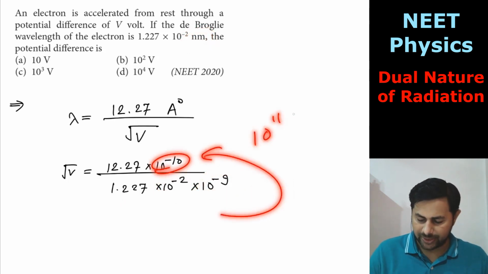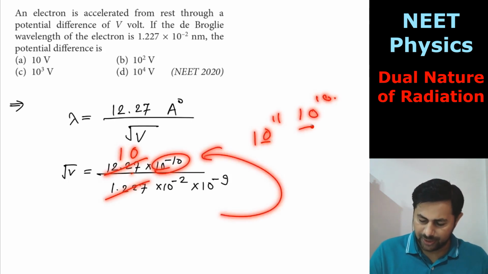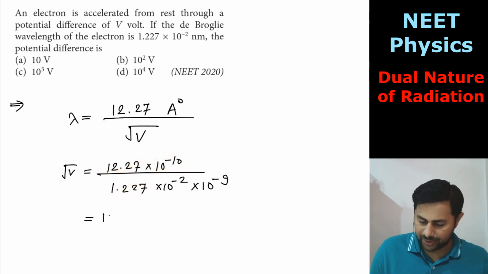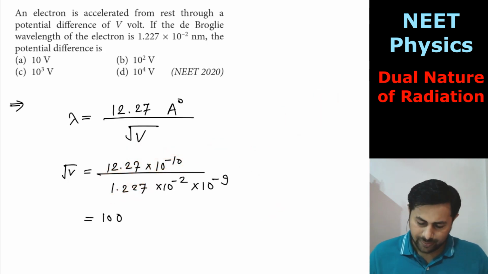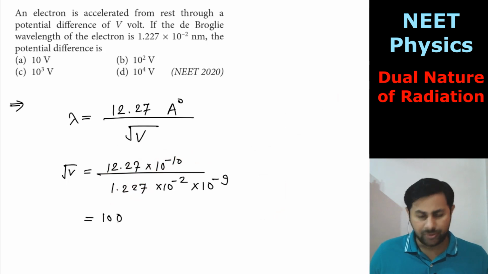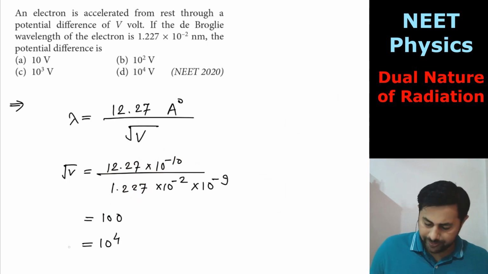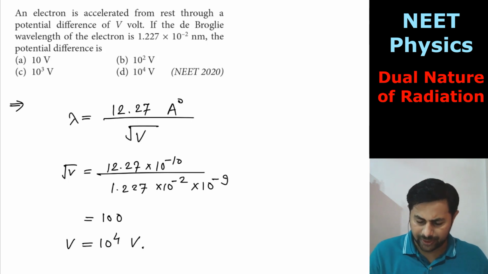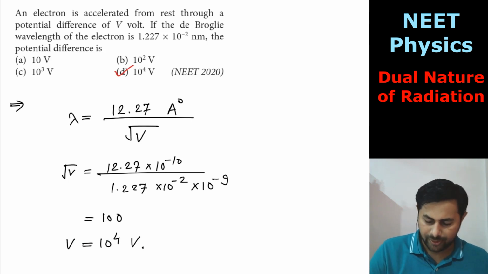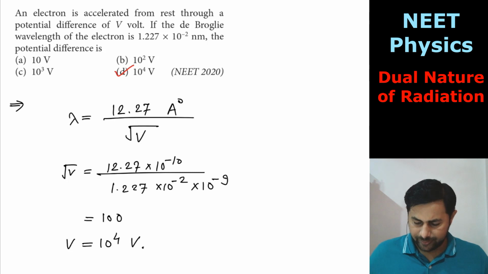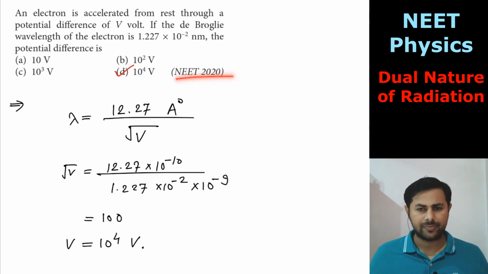Plus 11 minus 10 is 10 raised to 1. So this thing divided by this thing will give you 10, so this is 100. Then root V is 100, so V is equal to 10 raised to 4. So that was the answer, Selva Kumar.